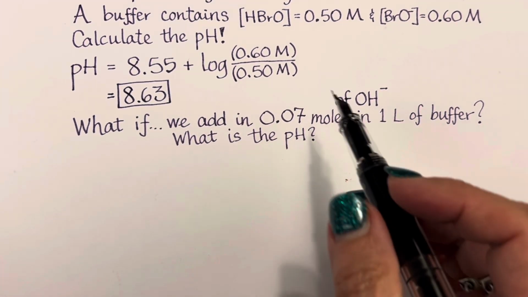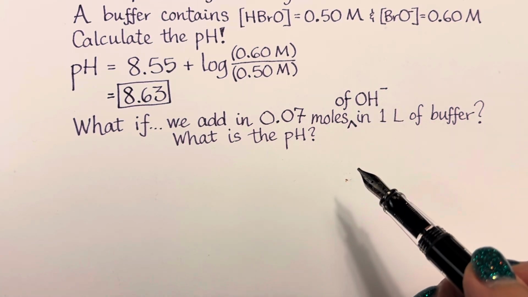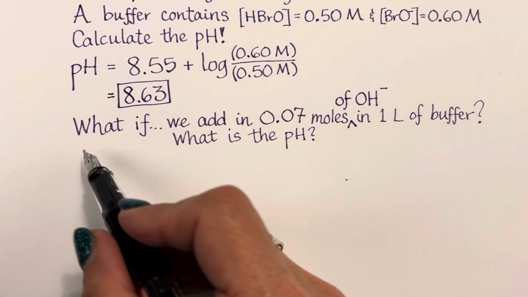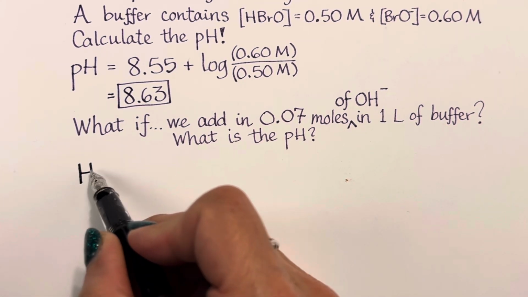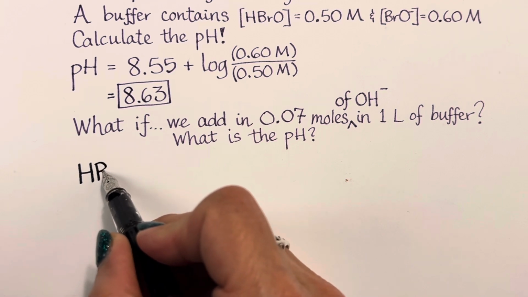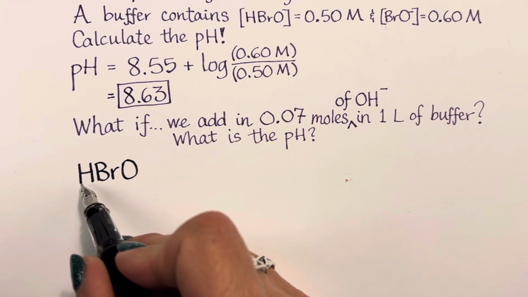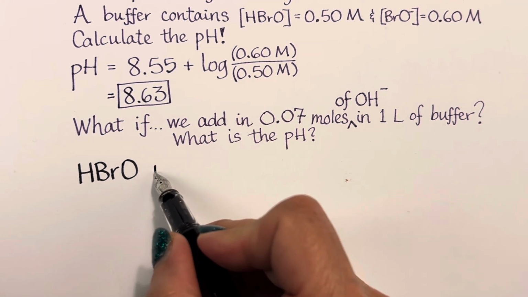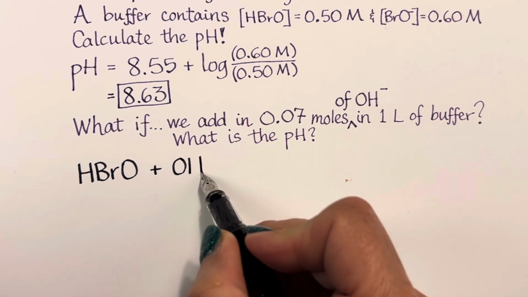But what we need to consider is what would happen if we put in hydroxide. This is a strong base, and that strong base will react with our weak acid, our HBrO. This is our weak acid in the problem, but we are now bringing in a base.